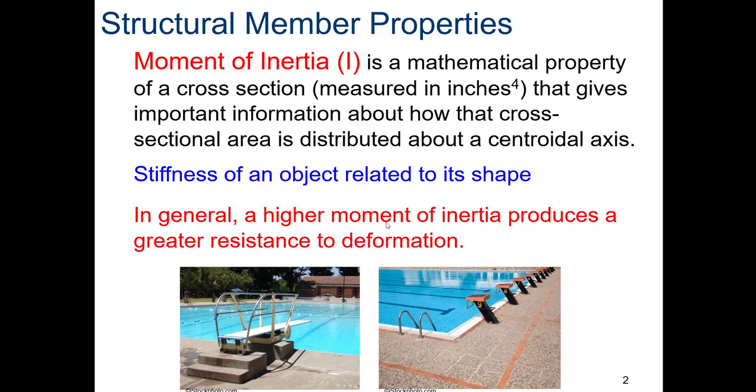In simple terms, when we do this calculation for I, if the number is high, it means that the material does not bend easily. A high moment of inertia is more resistant to deforming, to changing shape, or to bending. So the higher the number is when we calculate it, the better it is at resisting deformation.